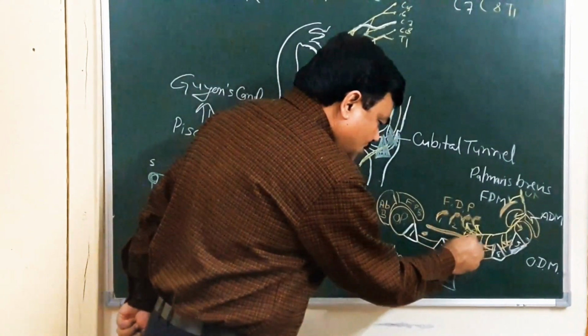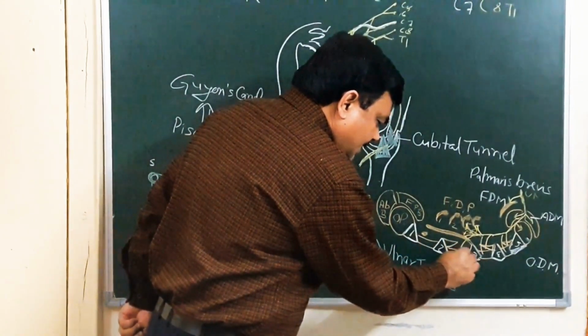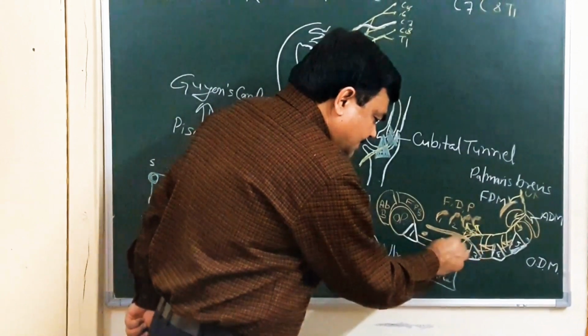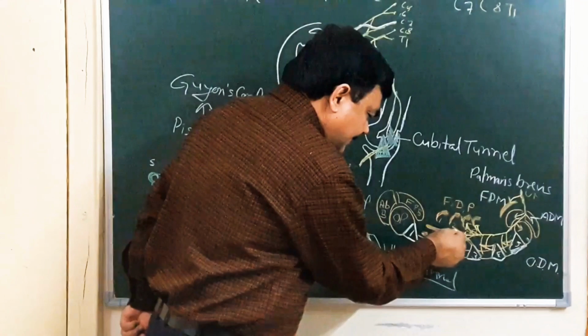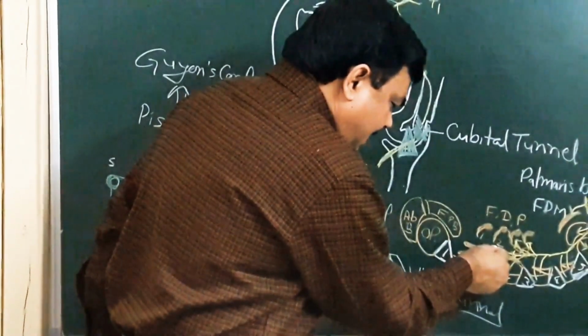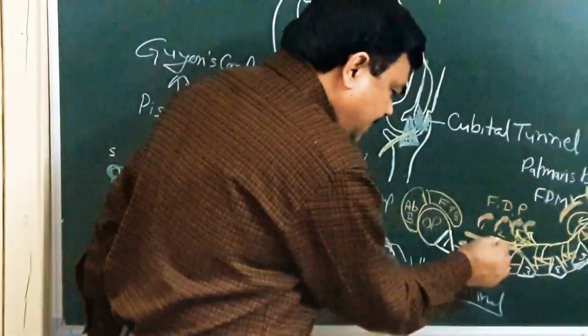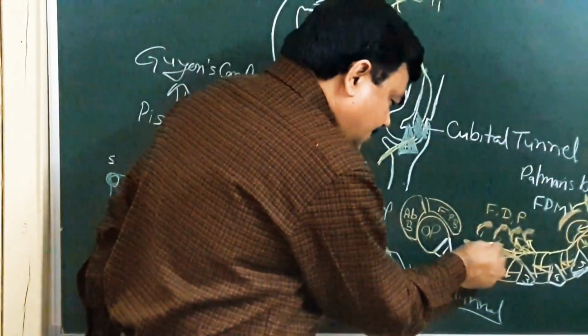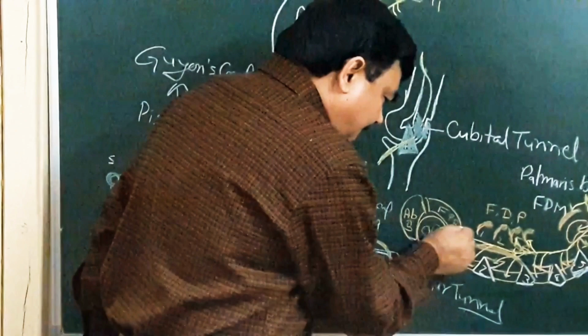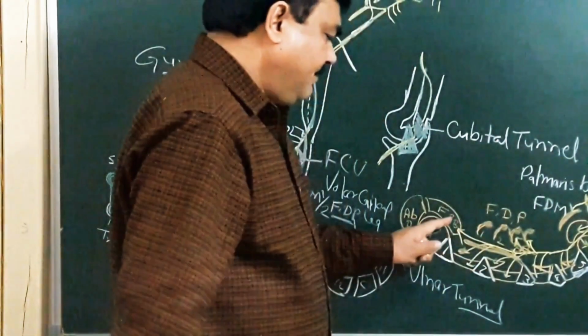It gives branches to second dorsal interossei, second palmar interossei. Again it runs laterally and gives branches to first dorsal interossei, first palmar interossei, and it also gives a branch to the deep head of flexor pollicis brevis.